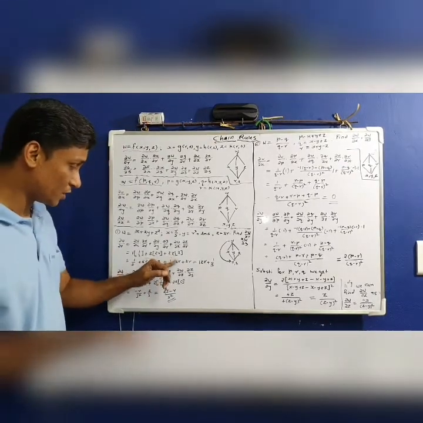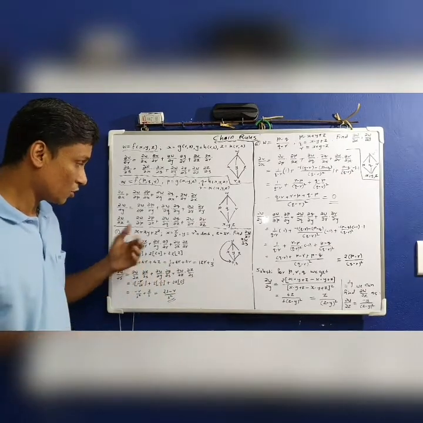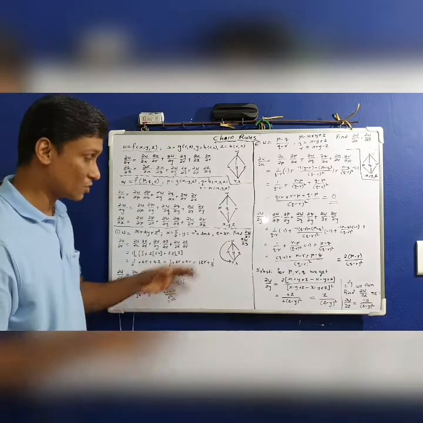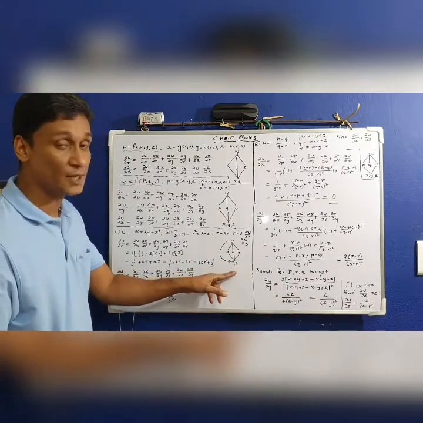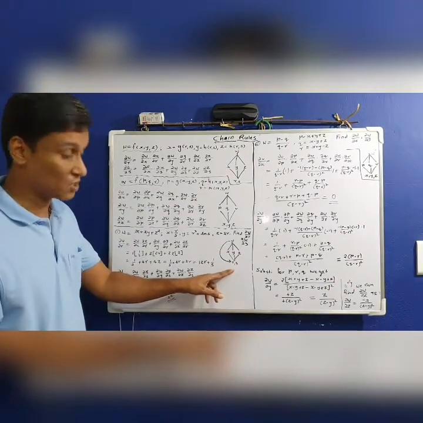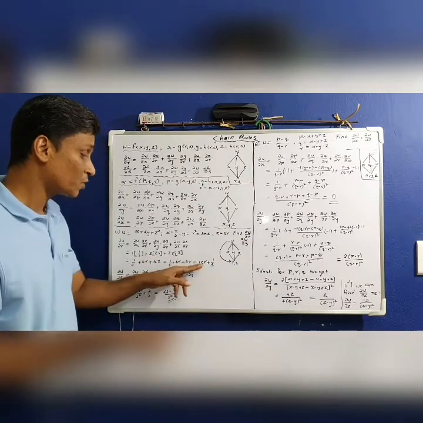I am substituting z = 2r in this expression so that ∂w/∂r is in terms of r and s, because r and s are the base variables. W depends on r and s, so I have expressed ∂w/∂r in terms of r and s.